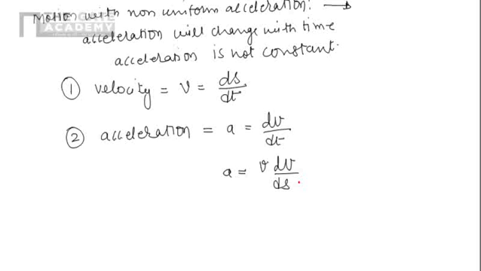So we have to use either integration or differentiation for solving this kind of problems, and we have to use these equations in terms of differentiation here, that is v equals ds by dt, and acceleration is nothing but dv by dt, and the one more formula for acceleration is a equals v dv by ds.